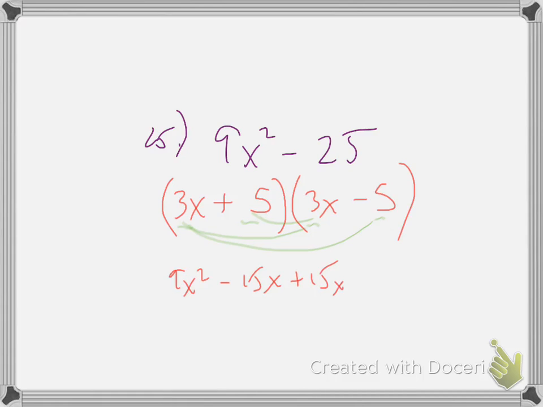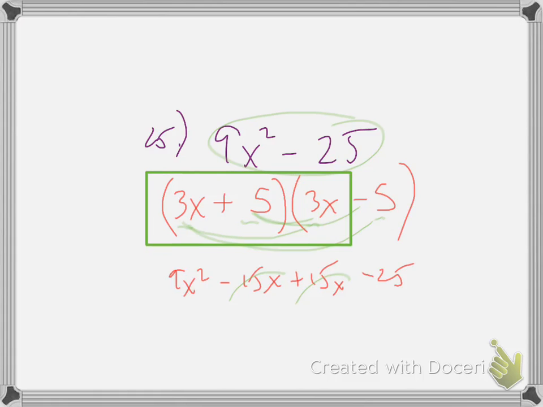And then the last piece of this puzzle is the 5 times minus 5, which is negative 25. So this is just to check. There you can see minus 15x plus 15x, and that's what you're left with. So your answer is... There she is. A little messy, but that's what you do when you check it. Make it messy.